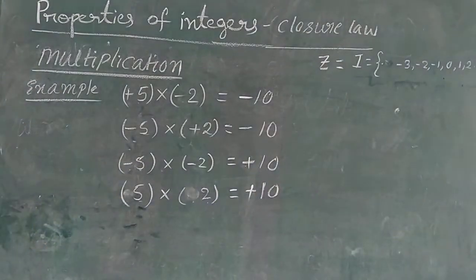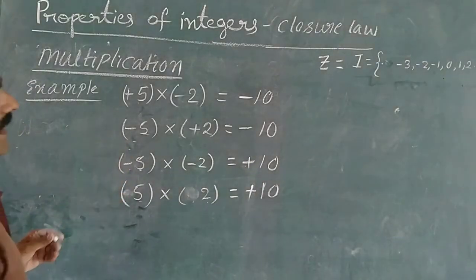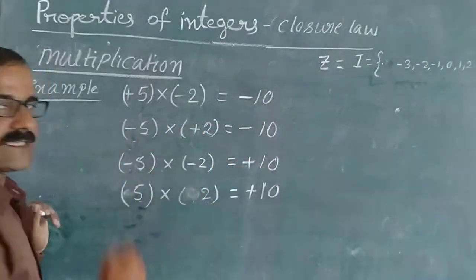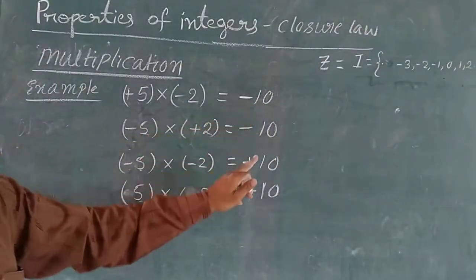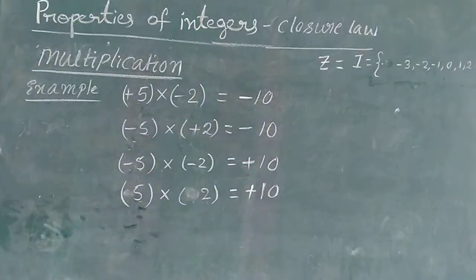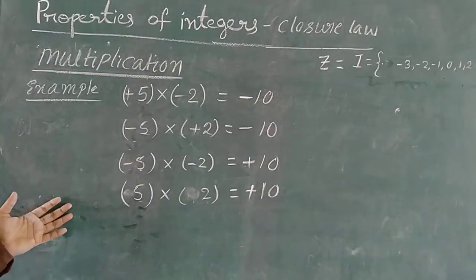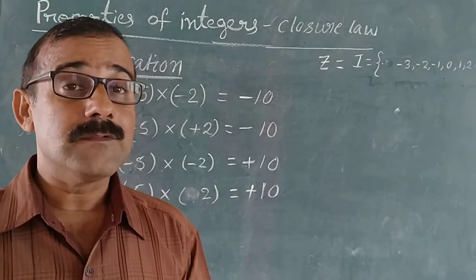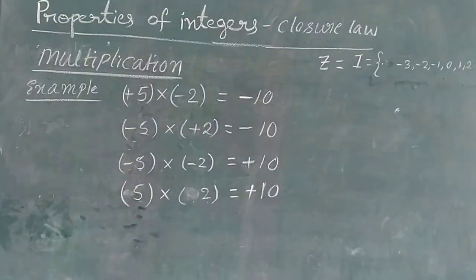So now we move back to closure law. The product of two integers is always an integer. Minus 10 is an integer, plus 10 is also an integer. Okay, children? So we calculate that the product of any two integers is always an integer. What is the conclusion?